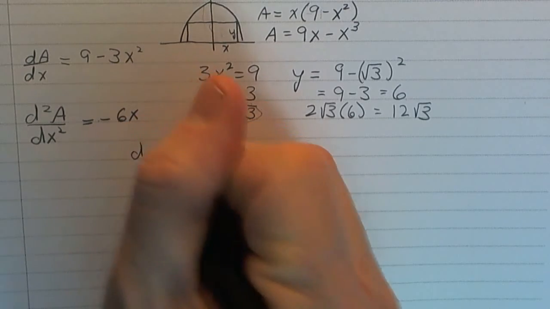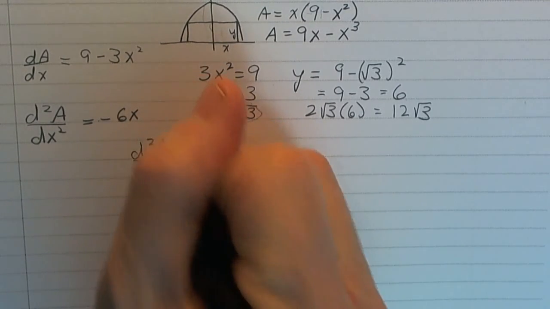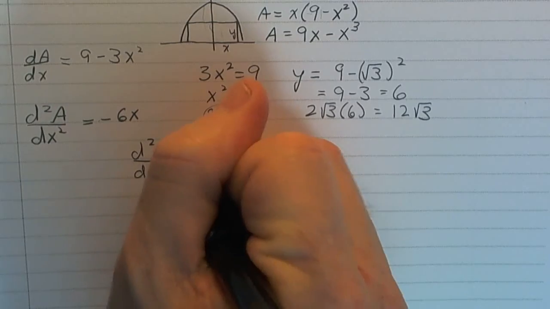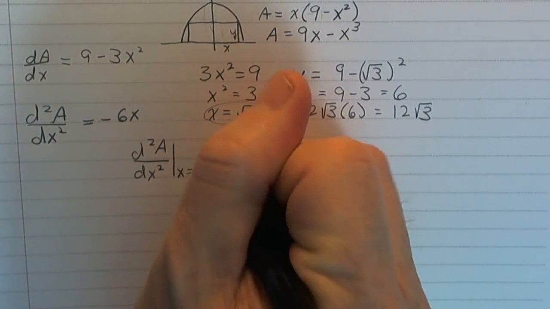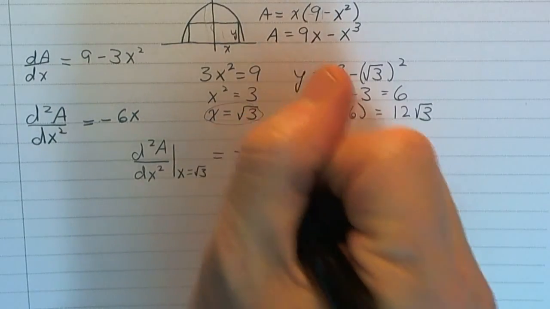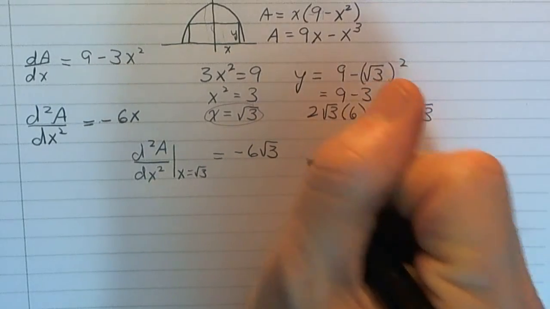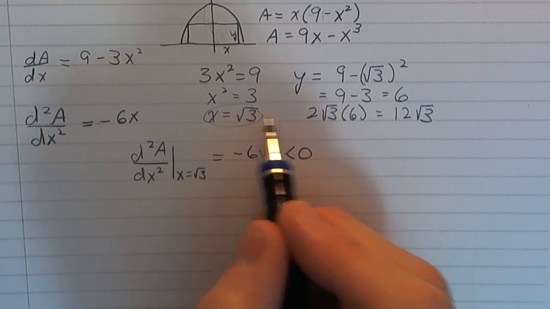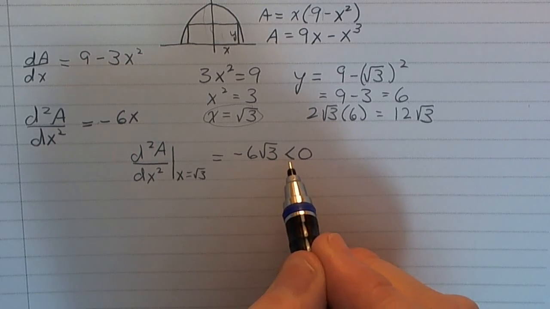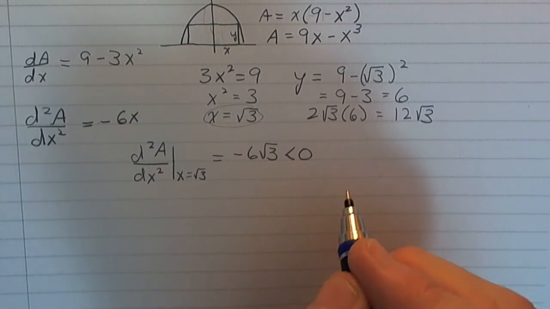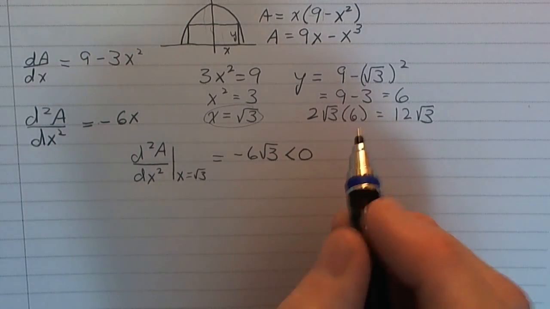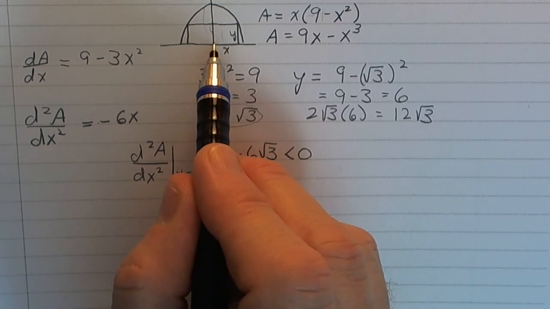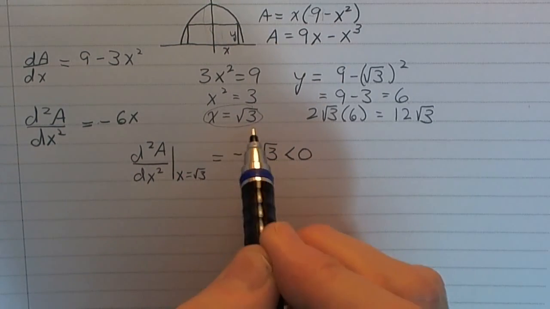So the second derivative at x equals the square root of 3 is negative 6 square roots of 3. Now that is definitely less than 0. And remember, when you plug the critical number into the second derivative, if it's negative, that corresponds to a maximum. So what we found is where a maximum occurs, and that is when x is equal to the square root of 3.